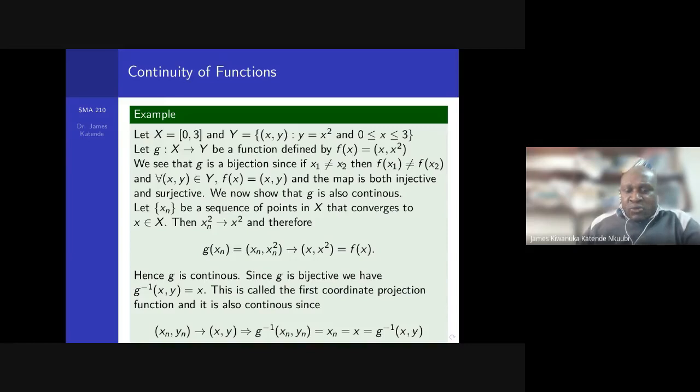To check that it's continuous, G inverse has its domain as Y and the codomain as capital X. So you have to pick a sequence here in Y which converges to (x, y), but we know that G inverse of any element in the sequence will just be equal to xn. This should not be an equal sign, it should be an arrow: xn converges to x.